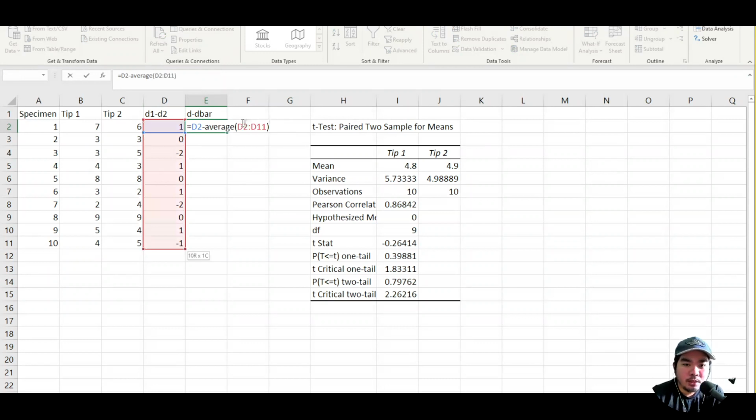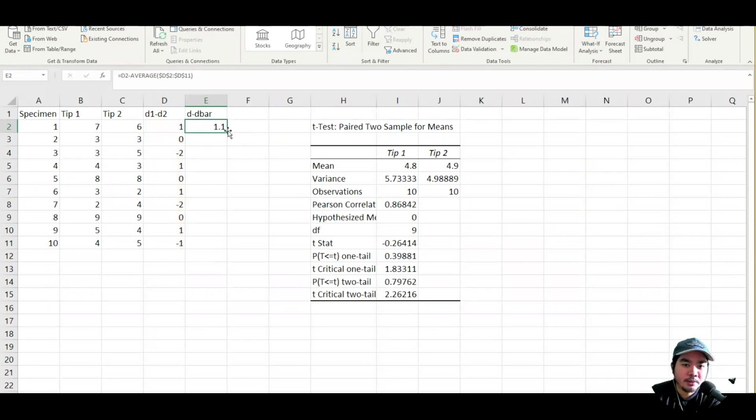And again, kasi gusto kong i-drag to, I'll press my F4 button para ma-lock in ko siya using the dollar sign. Or pwede rin manually i-type yung dollar sign. When you use F4, nagtatoggle siya between the different configurations kung saan mo ilalagay yung dollar sign. So I'm locking in both the column and the row.